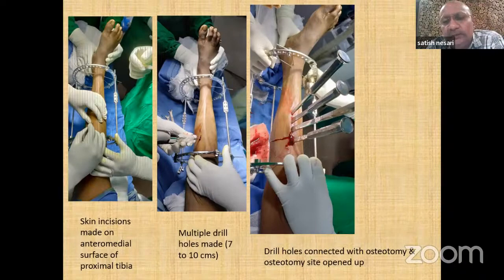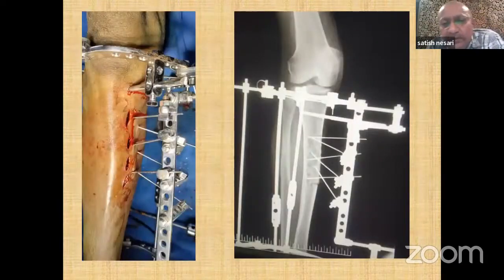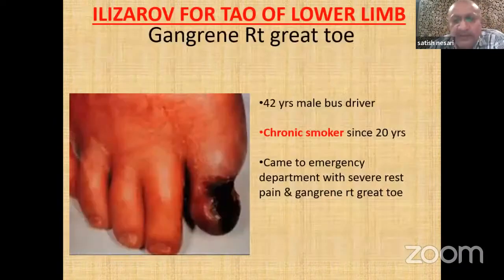The osteotomes have been inserted into the drill holes, and like a flap, I just break the bone, which has to be confirmed under the C-arm, and then the broken flap is fixed with multiple cross K wires like this, and then gradually distracted.